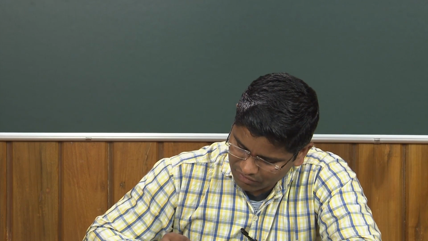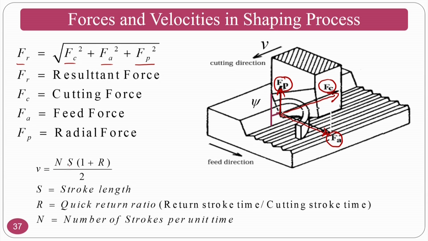So V equals N S (1 + R) / 2, where S is the stroke length, how much the stroke is moving, R is the quick return ratio, and N is the number of strokes per unit time. For unit time, how many strokes are taking place. These give me the velocity in the shaping process.